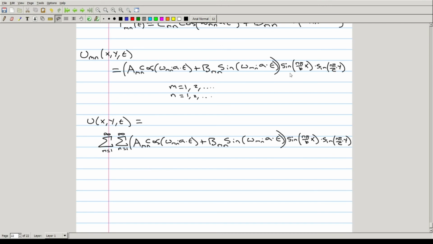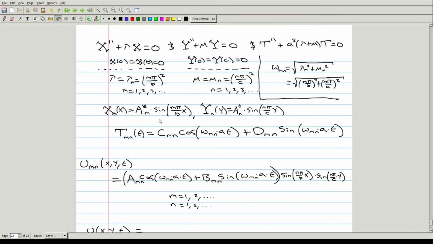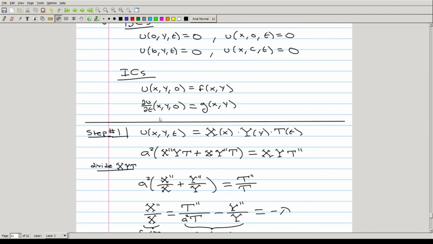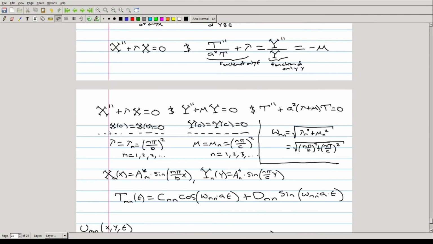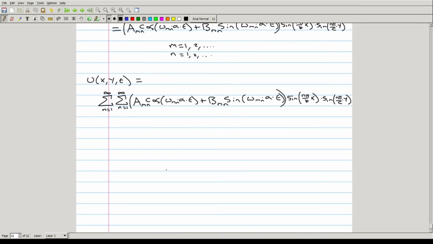It's a little bit more complicated than the heat equation. So this was step 1. Step 2 is solving the Sturm-Liouville problem. And step 3 now is going through and solving for the coefficients amn and bmn.